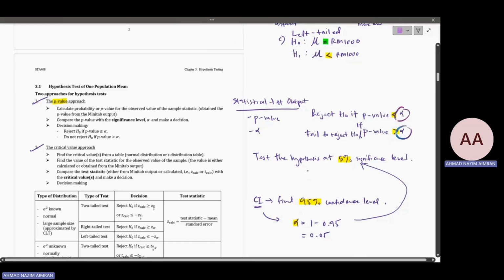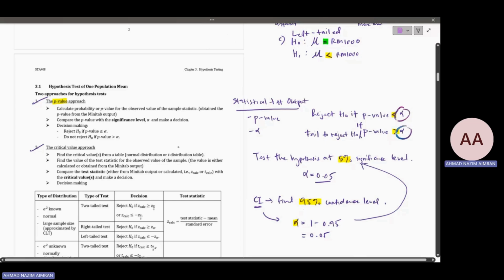Alpha is equal to 0.05. And don't worry, the level of significance required to test the hypothesis will be mentioned in the question. I hope you are able to differentiate between confidence level and the significance level.